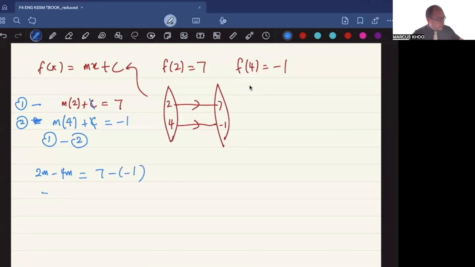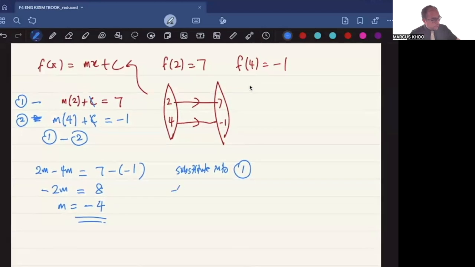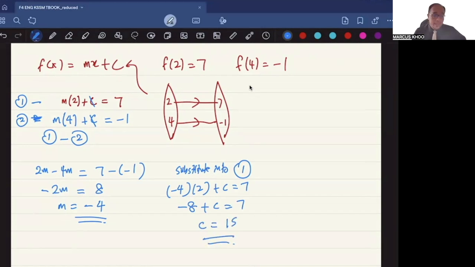This will give you -2m = 8, m = -4. Once you have m = -4, substitute into any one. I'm going to use 1. So -4 times 2 plus c equals 7. This is -8 + c = 7, c = 15. That will be our answer.